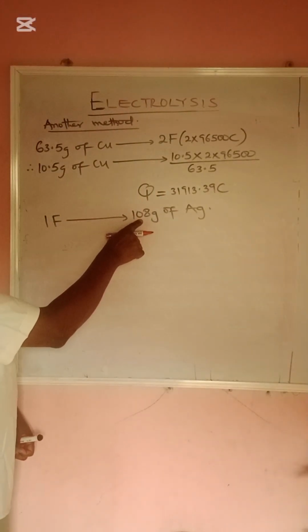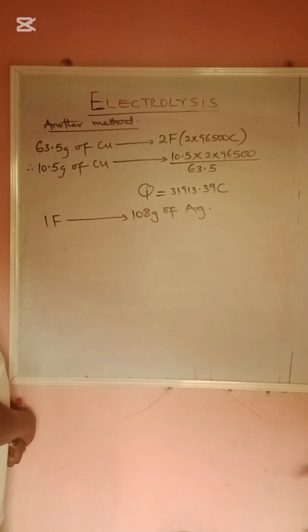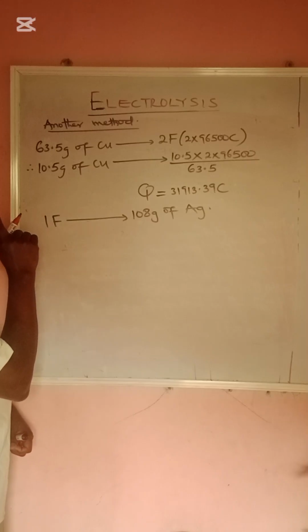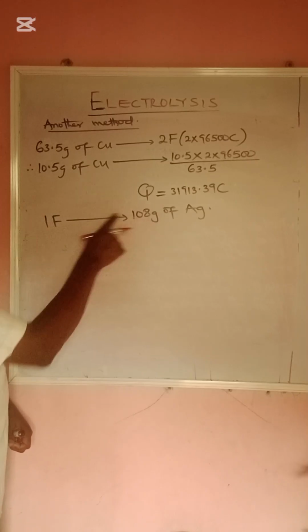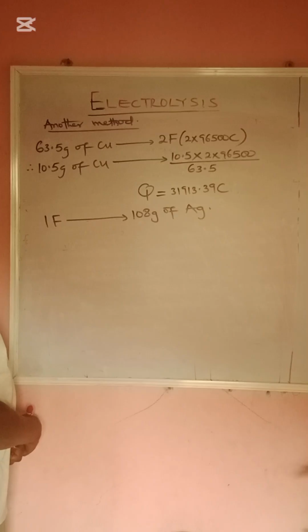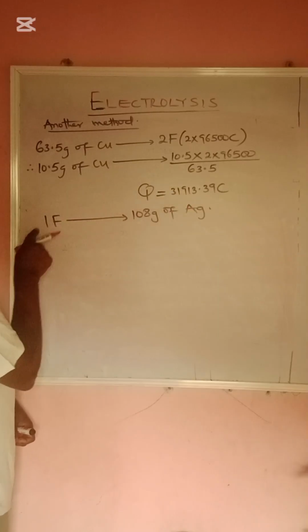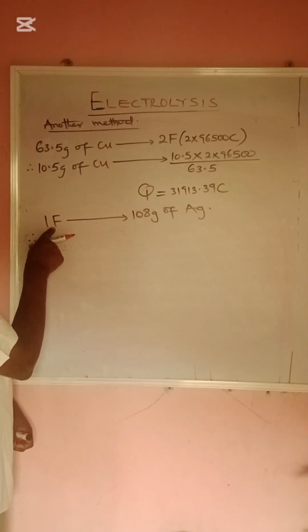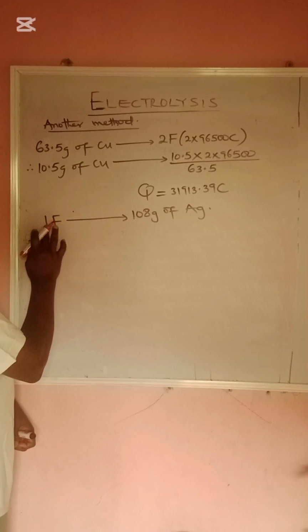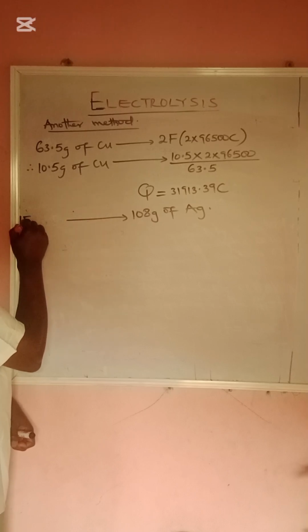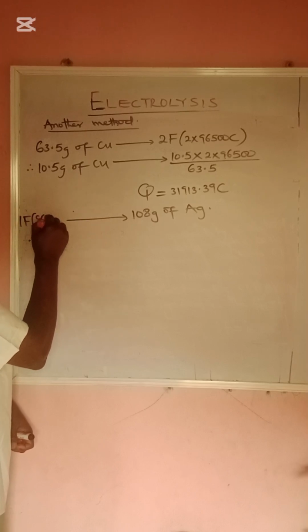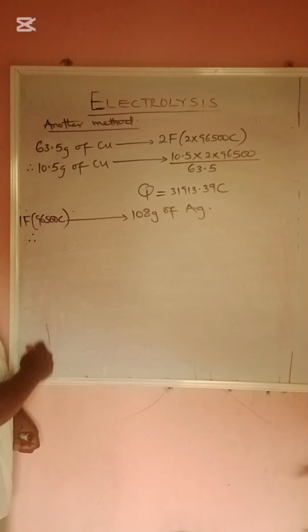Because silver is monovalent, it requires 1 Faraday to deposit 108 gram of silver, that is the atomic mass of silver. Therefore, 1 Faraday is the same thing as 96500 coulomb. Take note of that.